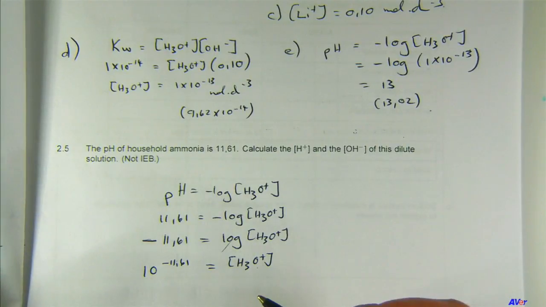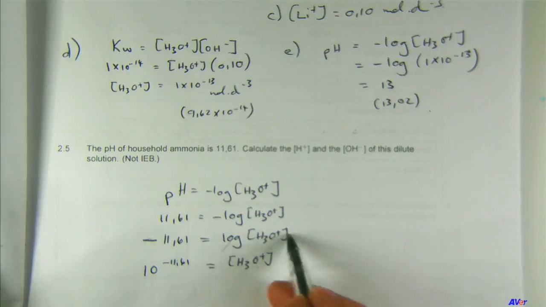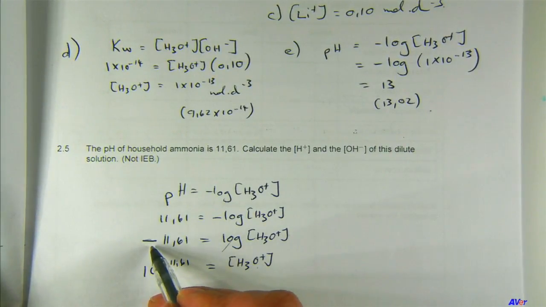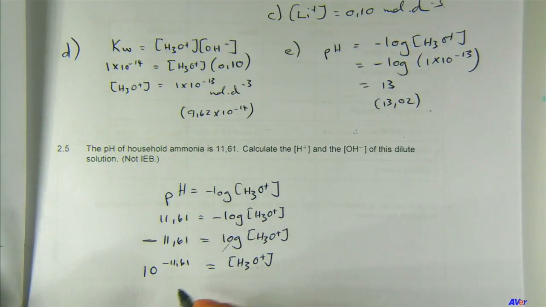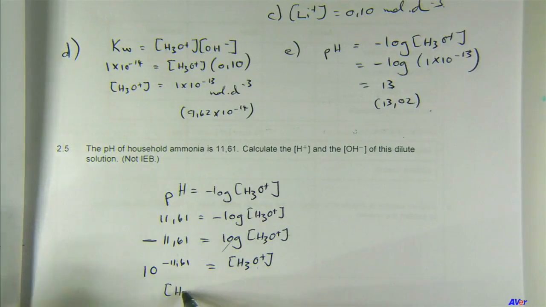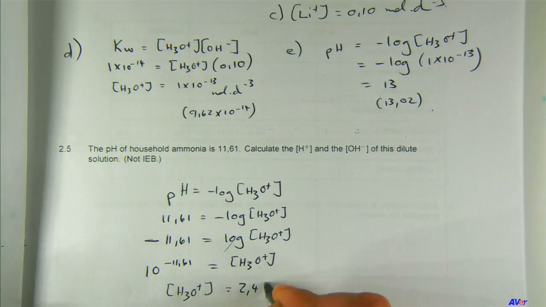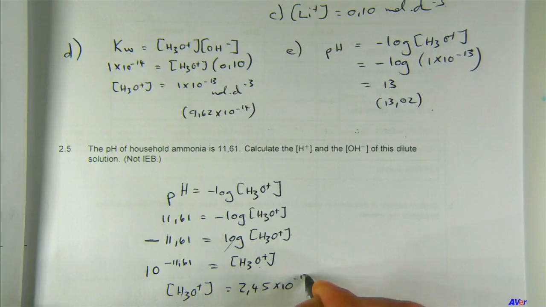Second function log, right? You want the inverse of log. Second function log of minus 11.61. And then you should get your H3O plus concentration as being 2.45 times 10 to the minus 12 moles per cubic decimeter.